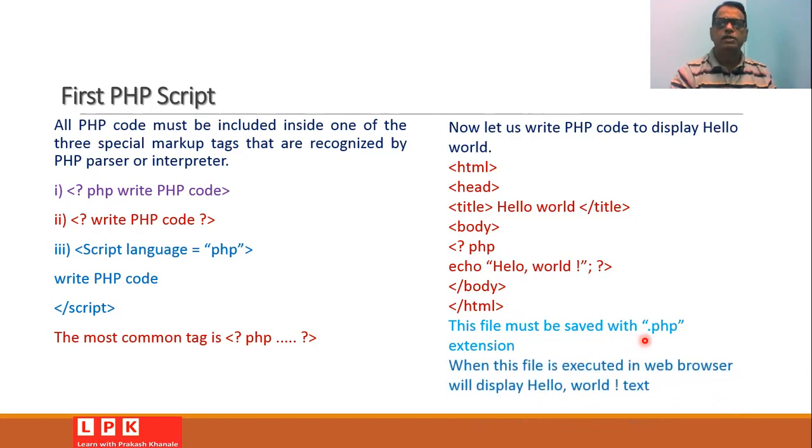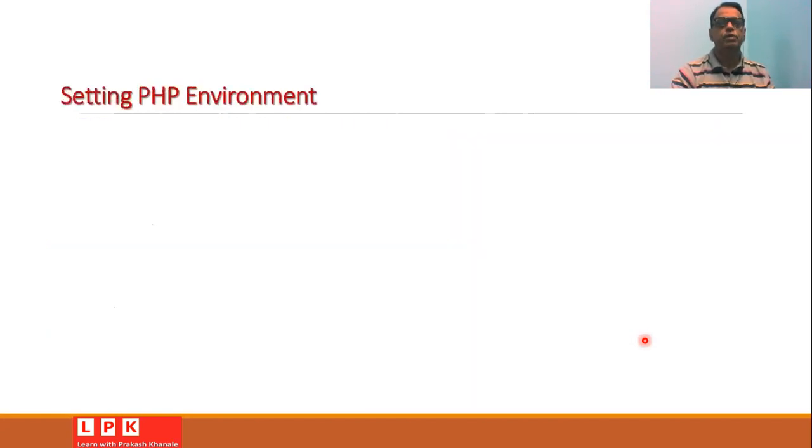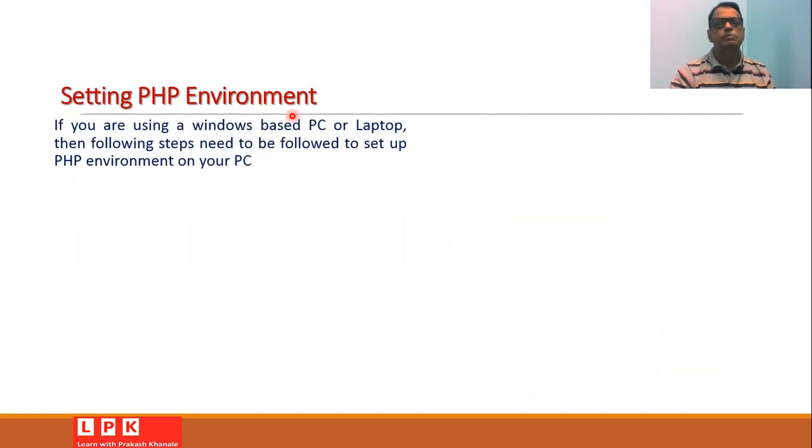And when this file is executed in the web browser, you will find that the text such as hello world will be displayed on the screen. But it is not possible to execute your PHP code unless you have set up the appropriate PHP environment on your computer system. So let us understand how to set up the PHP environment.